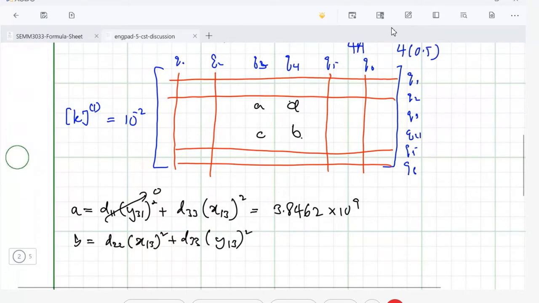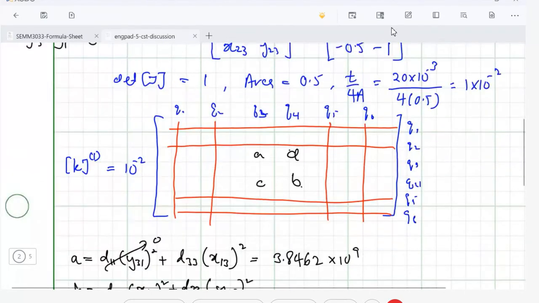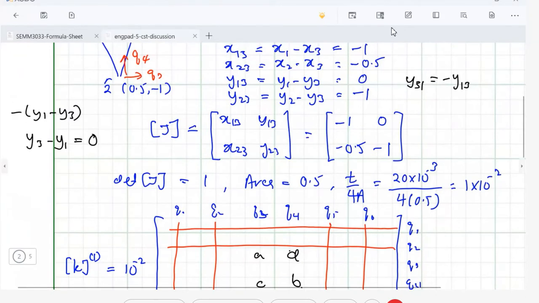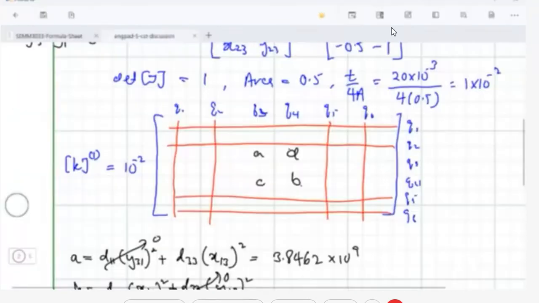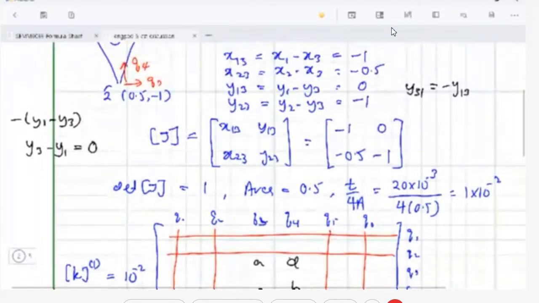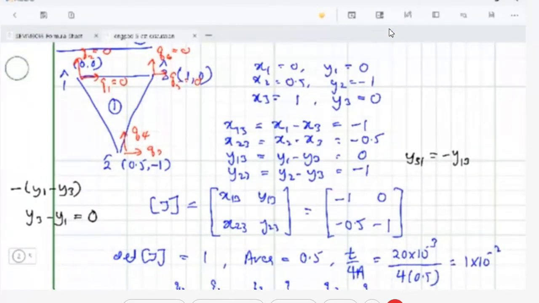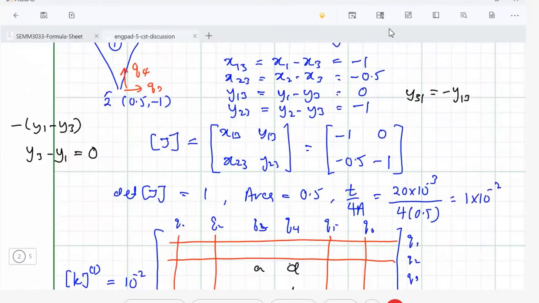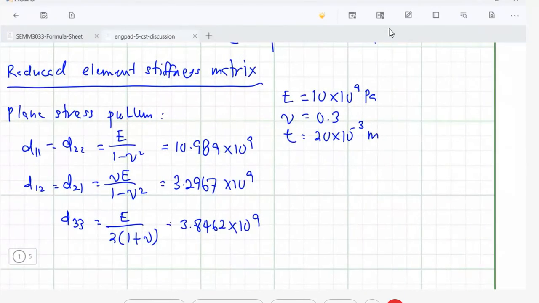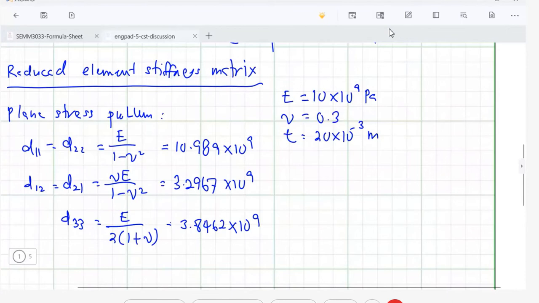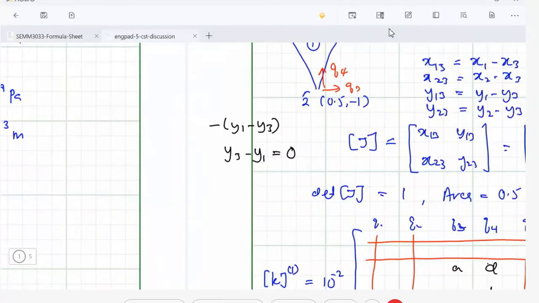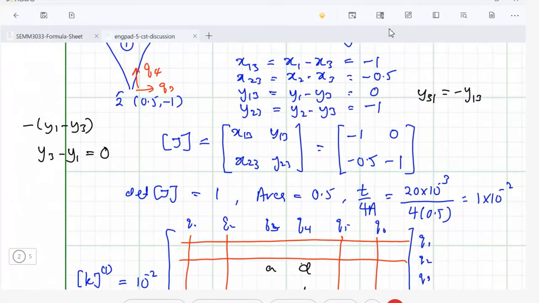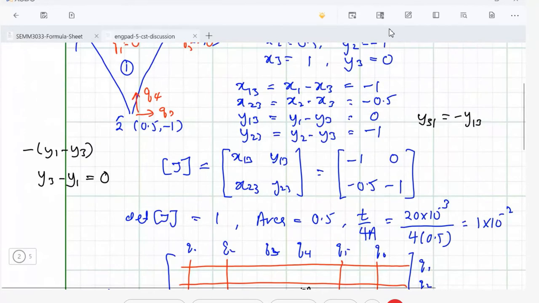Note that y13 is known to be 0, so any number times 0 is 0, and D22 is this number. Where is D22? Oh, D22 is this side. So this is D22, which is 10.989.